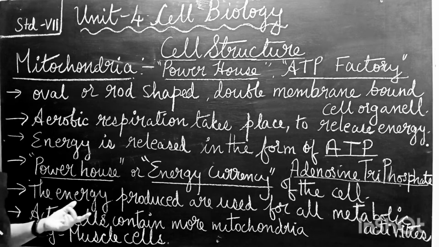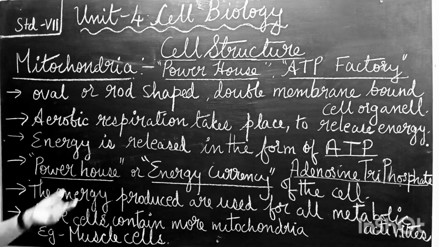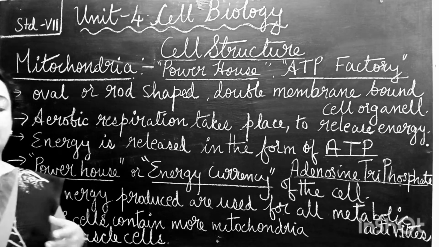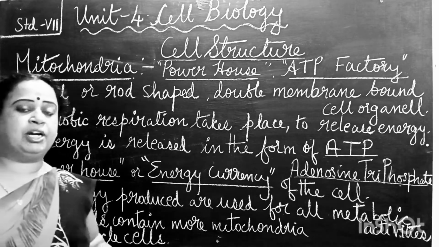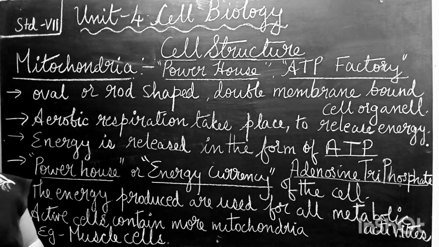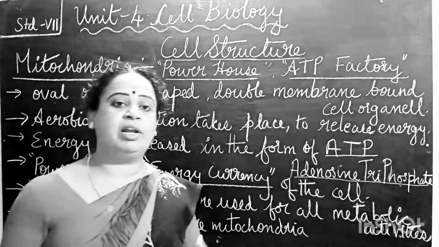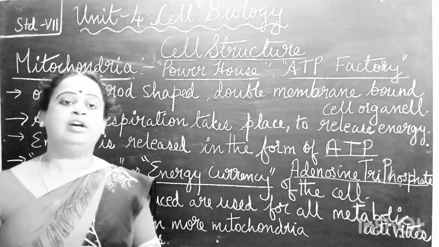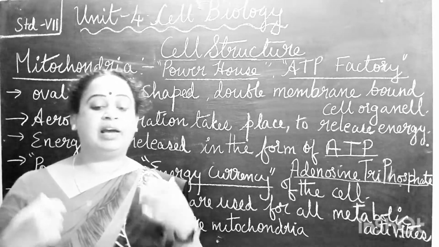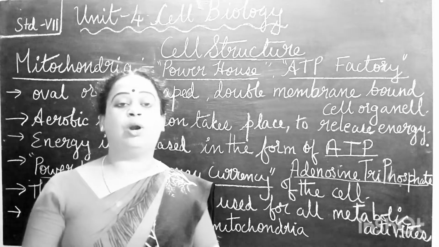The energy produced by this mitochondria, I mean the ATP, is used in different metabolic activities inside our body. So our body functions, and different metabolic activities take place in our body. Because of those activities only we are alive and able to do all our work.